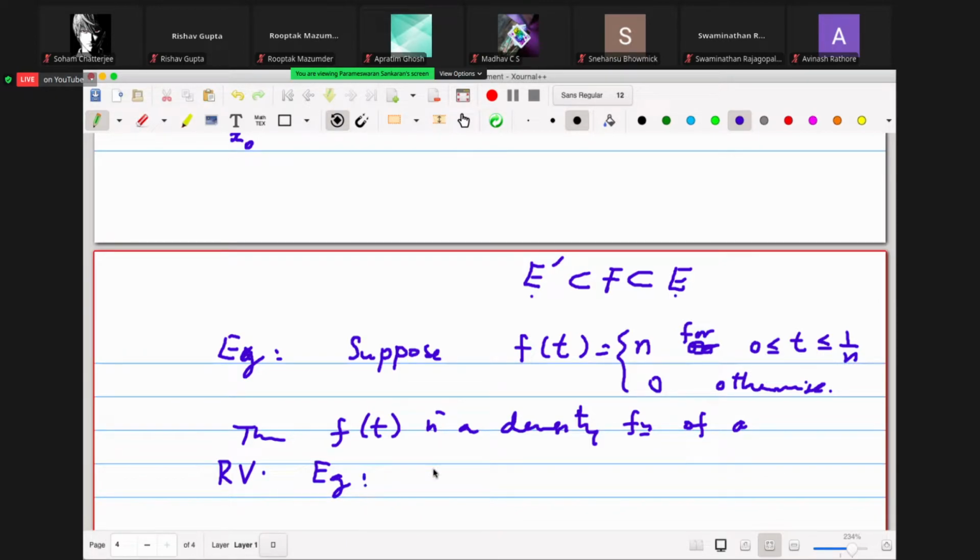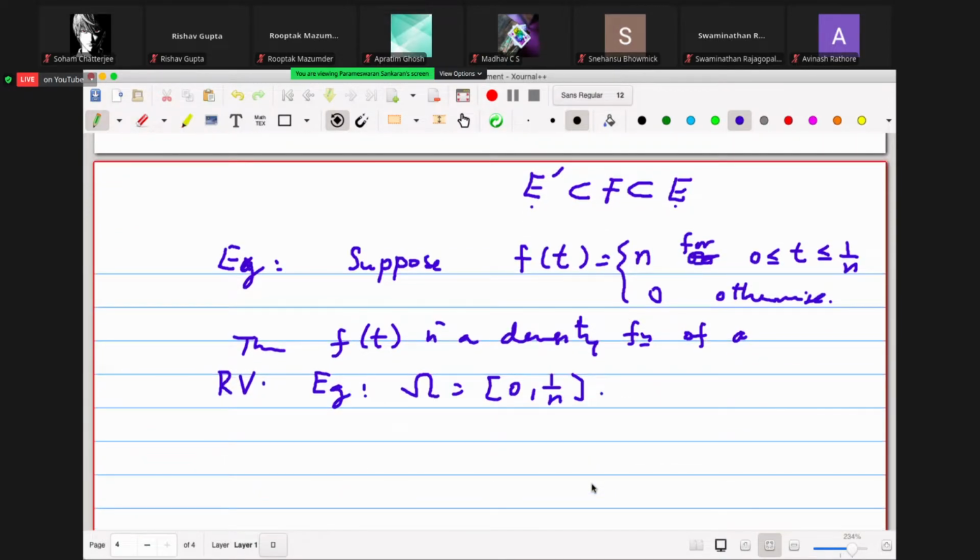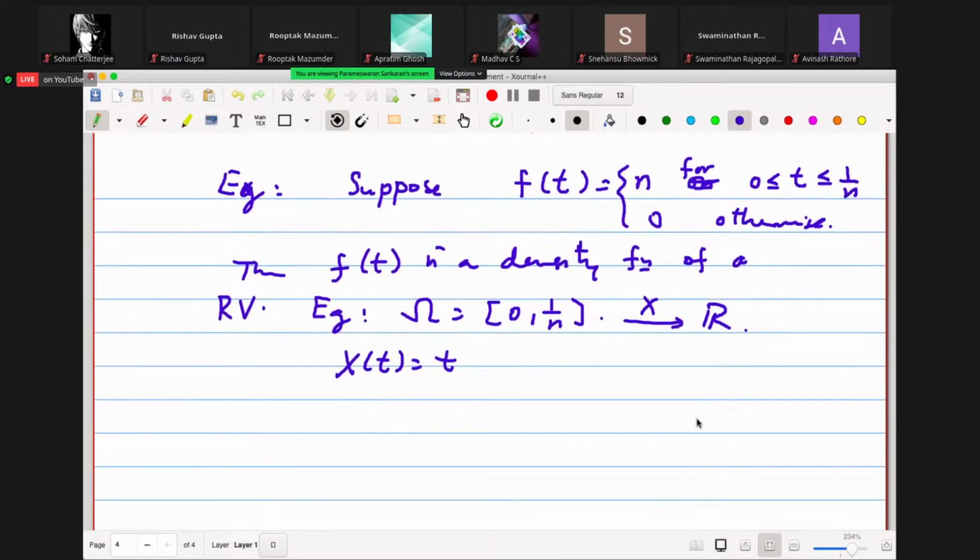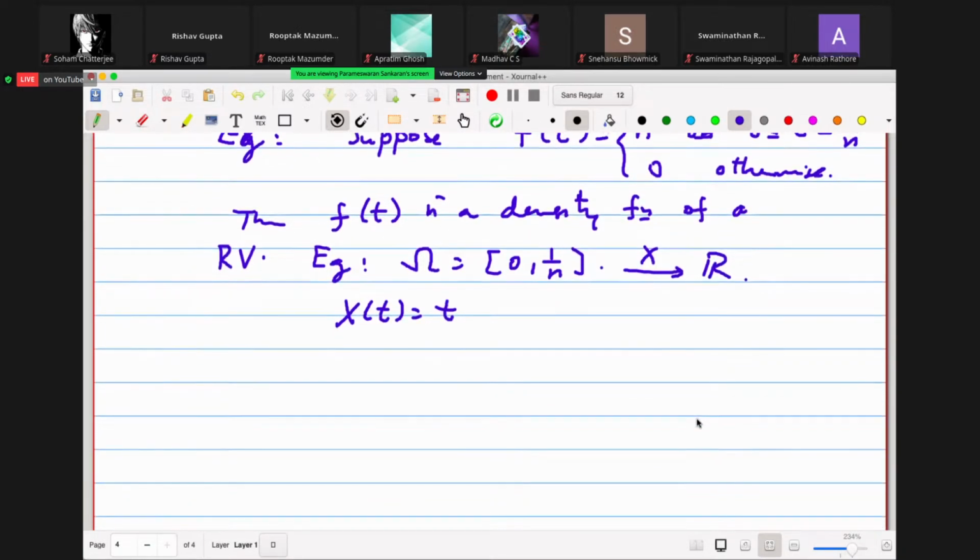For example, you take omega to be just the interval 0 to 1 by n, and X of t equals t. Yes, I suppose so. Okay.